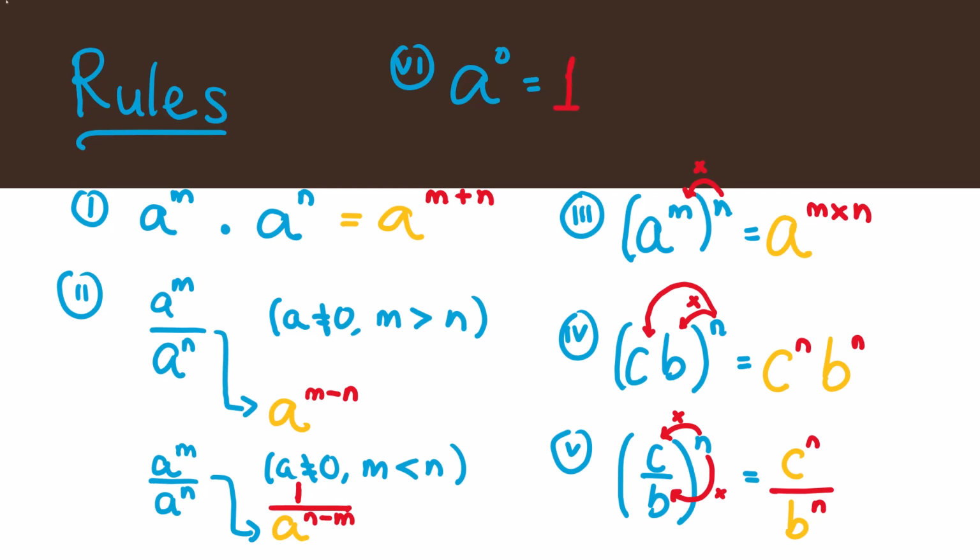And how can you prove this? You can prove it by saying that to get a to the power of 0, the base a must have an exponent of, in this case, m, and the other term must have the same base, a, and the exponent must also be m.